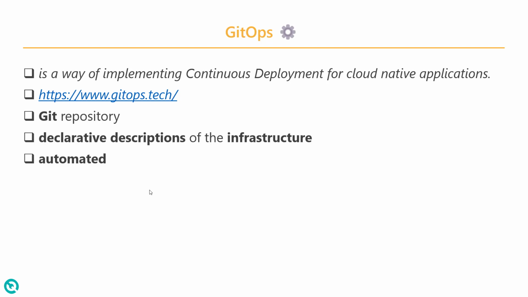In your Git repository, you will declare everything as code for your infrastructure, and then you will automate so that you can ship your code faster than before. This will enable us to have high velocity so that we can ship your code multiple times with confidence. You can learn more about GitOps in gitops.tech. This idea was conceptualized by Weaveworks.